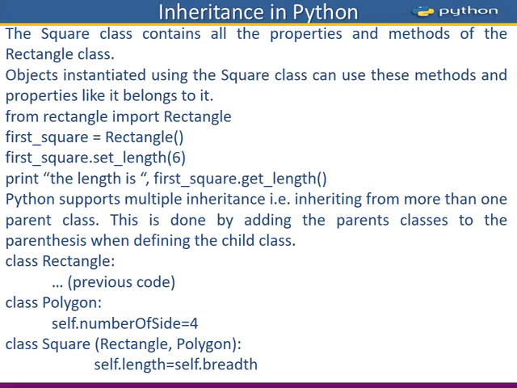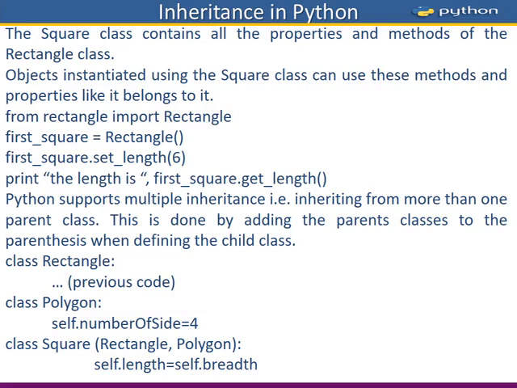We can see from the same example, class Rectangle as the parent class, and the new class, the subclass, which is class Polygon, and at the same time class Square. As I told you, you can inherit more than one parent class. So class Rectangle as a parent class, class Polygon as another parent class, for example for multiple inheritance.